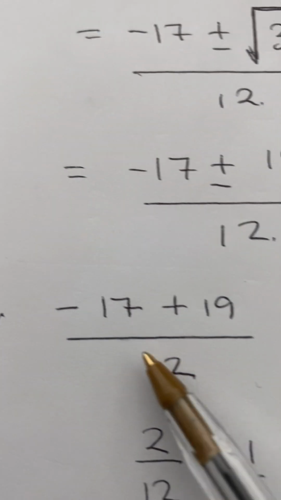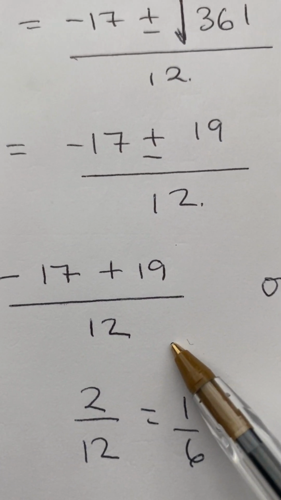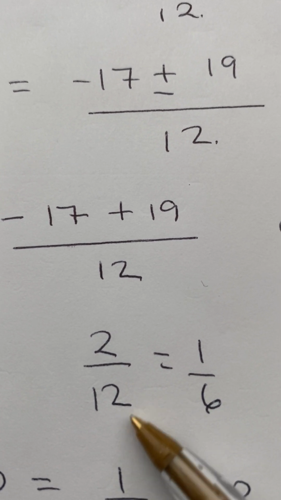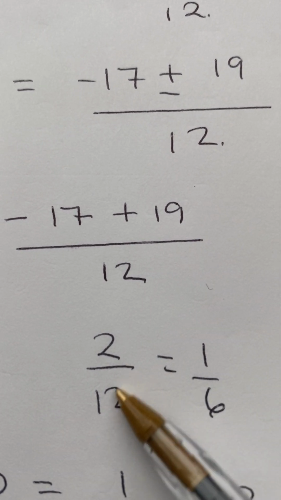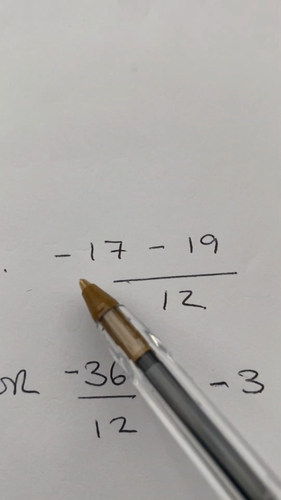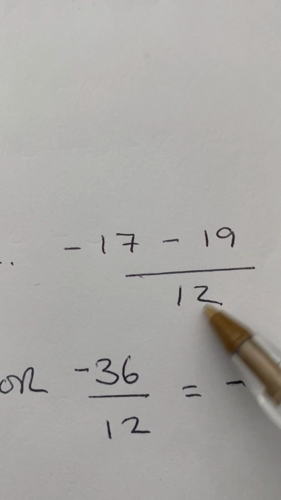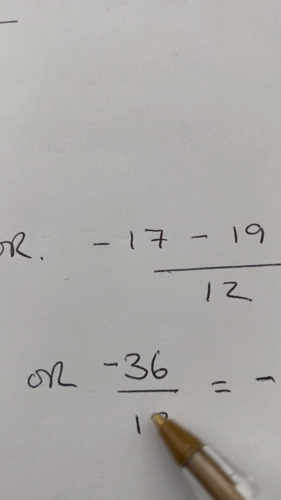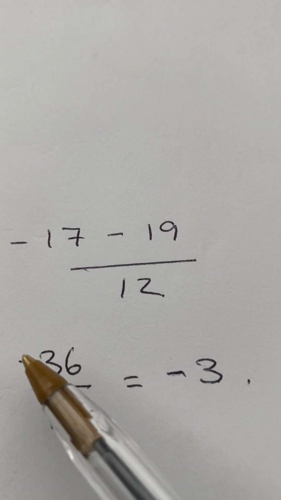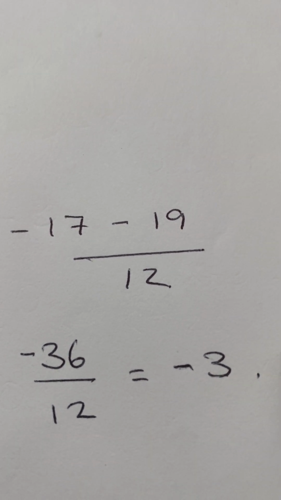So now, -17 plus 19 all over 12 will give you 2 over 12, which is 1 over 6, or minus 17 minus 19 will give you minus 36, all divided by 12. Now, minus 36 divided by 12 will give you -3.